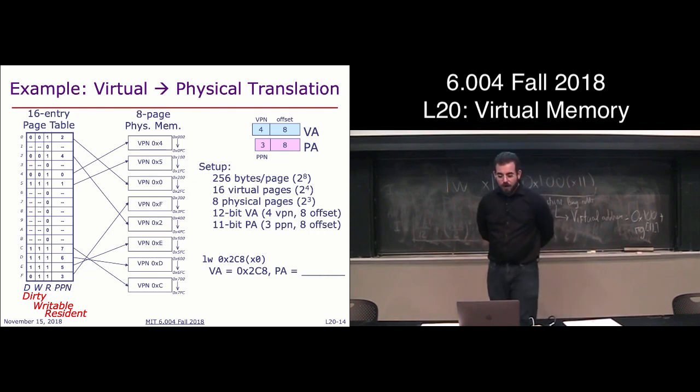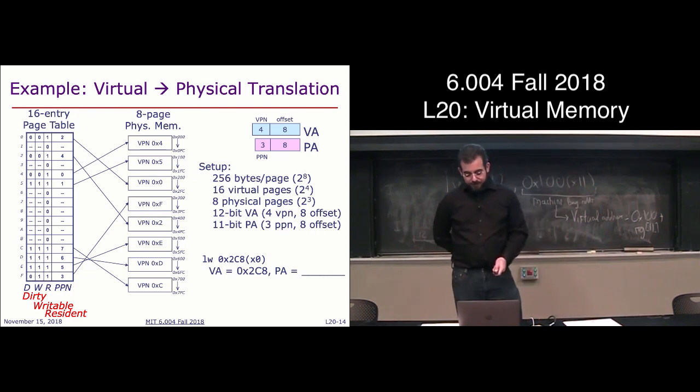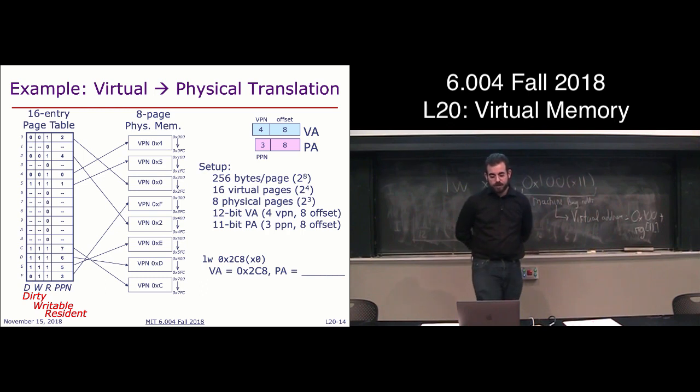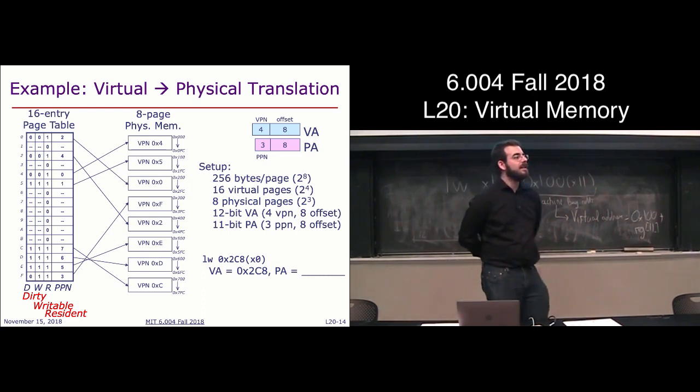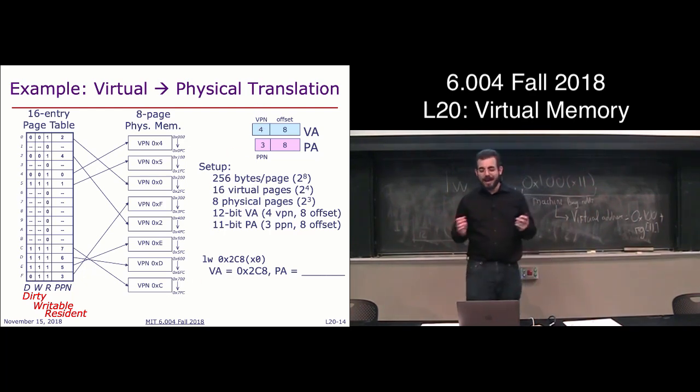Okay, so let's assume that you have a load that issues an access to virtual address 0x2c8. And so what is the virtual page number for this virtual address? We'd want to translate this virtual address into a physical address. The first step is to divide it into the virtual page number and the offset. In this particular case, it's very nice because everything's a multiple of 4, so that's 1 hex digit.